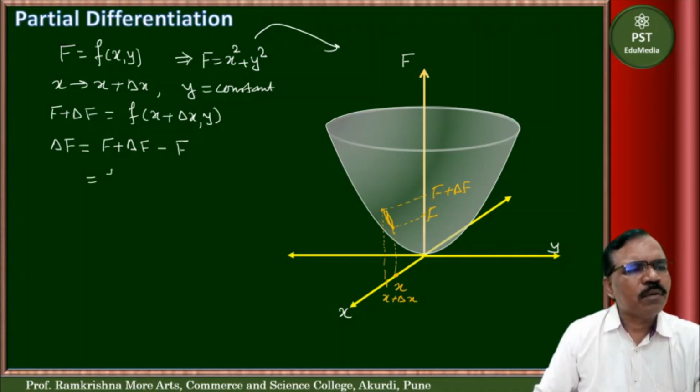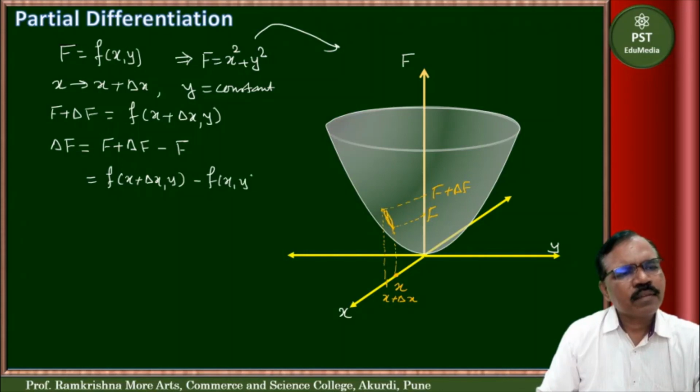So it is f of x plus delta x comma y minus f of xy. So this is delta f. Now delta f by delta x, we write here f of x plus delta x comma y minus f of xy upon delta x.